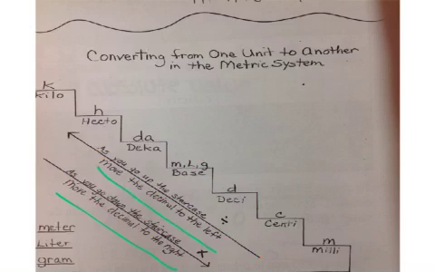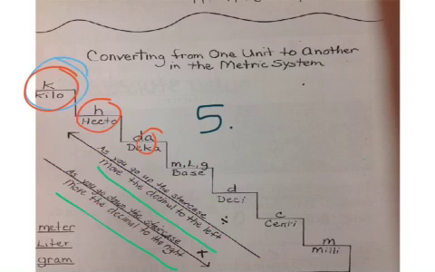So let's say we have 5 meters. We're working with our base, and we want to change that to kilometers. I'm going to again count how many stair steps I'm moving. So we have 1, 2, 3, and that's how many times I'm going to move my decimal to the left since I'm going up.